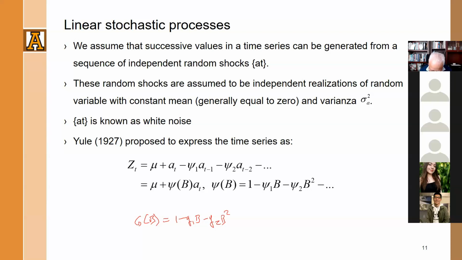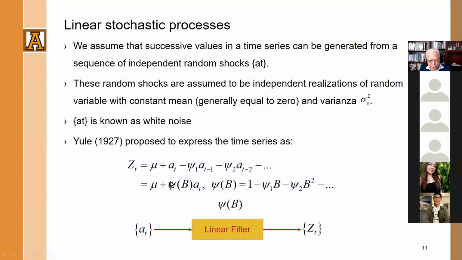This is the form that we'll be using normally. And here I have the same thing. I have psi of B is 1 minus psi1 B minus psi2 B squared minus psi3 B cubed, and so on. That's what Yule proposed in 1927.